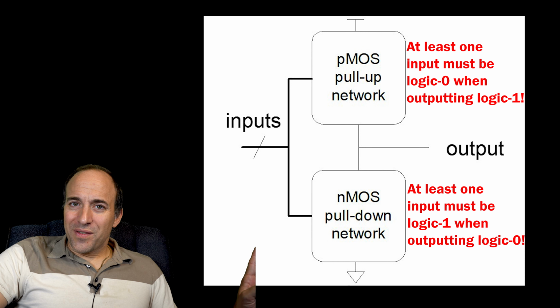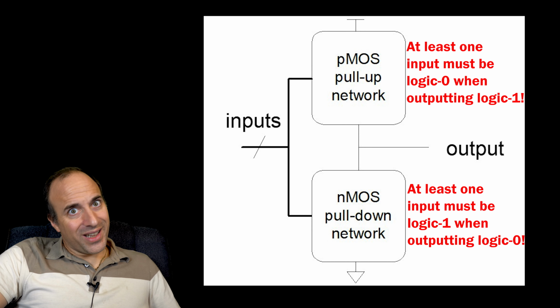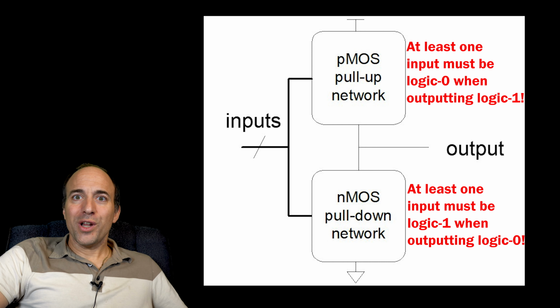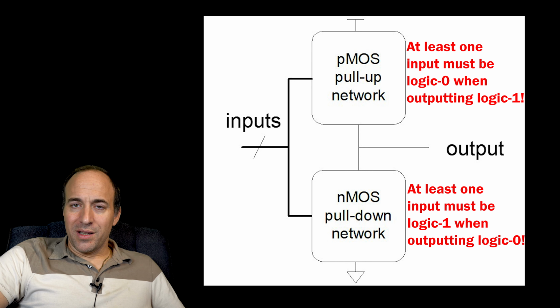So you have to have at least one input 0 in order to turn on at least one of the transistors in the pull-up network, which are all P-types. So if you look at the truth table for any gate implemented in CMOS logic, any of the rows of the truth table that have a 1 output have to have at least one 0 input.